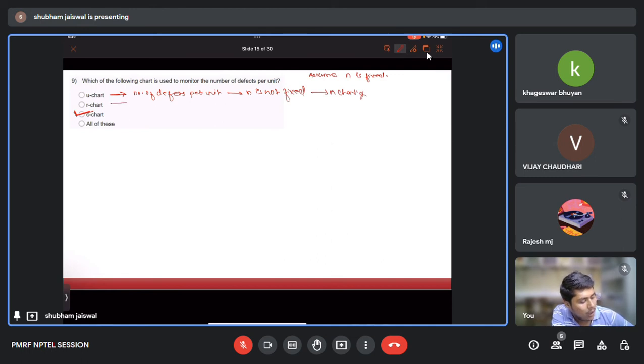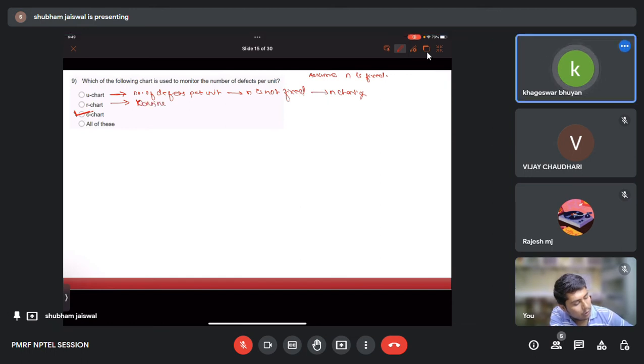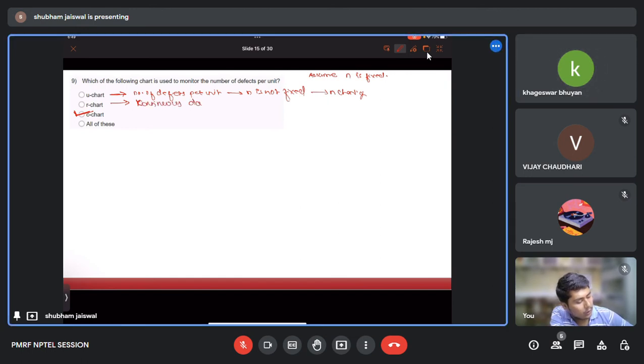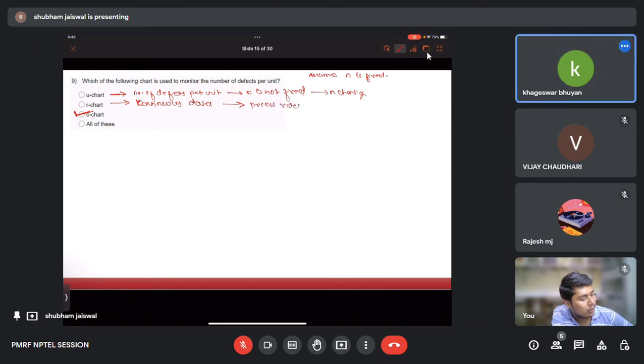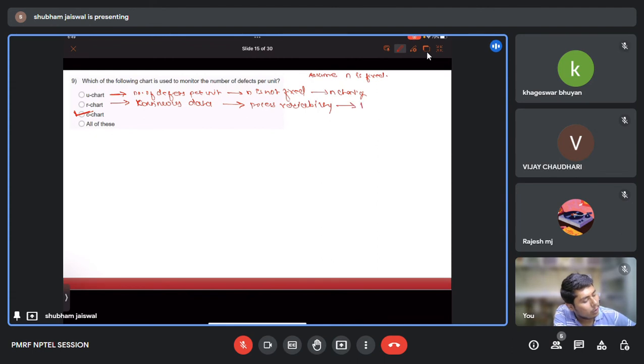When do we use R chart? For variable data, continuous data, and to monitor the process variability, or also we can call it the dispersion of the process.